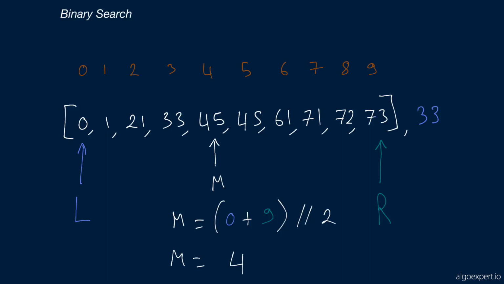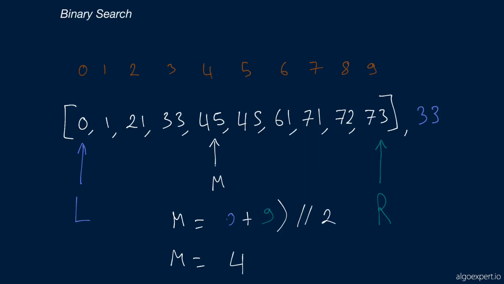What that means is that every number to the right of our middle number, to the right of 45, is naturally going to be even greater than 33, and so we can eliminate all these numbers. So what we can do now is erase our middle pointer and move our right pointer. Actually, I'm going to undo what I just did to make this more clear.